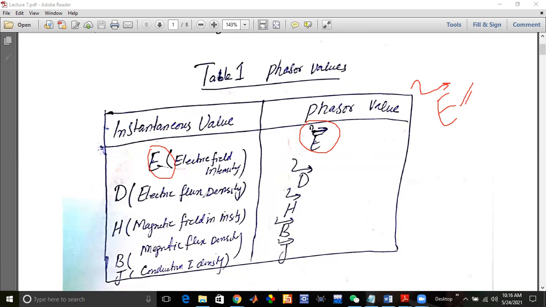D means the electric flux density, and this is the phasor representation of the electric flux density. You also know the relation between D and E: the flux density is epsilon times the electric field intensity.